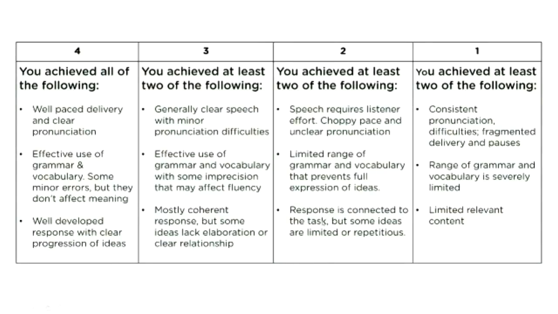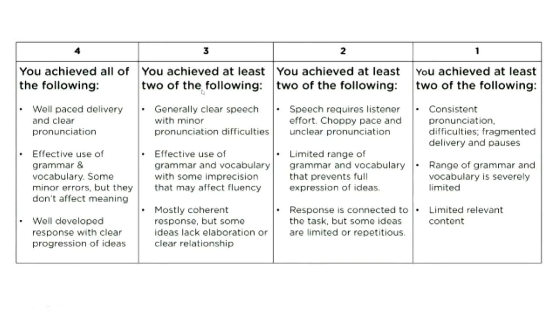Response is connected to the task. So yes, you do talk about the task. You summarize the lecture, saying that it's about Shakespeare's true identity, but some ideas are limited or repetitious. Meaning you don't discuss all of the ideas, and the ones that you do discuss, you tend to repeat. So if you don't cover all of the points, it may bring your score down.